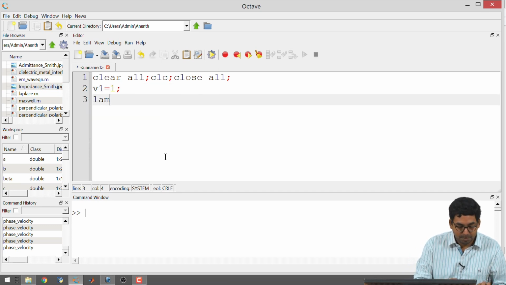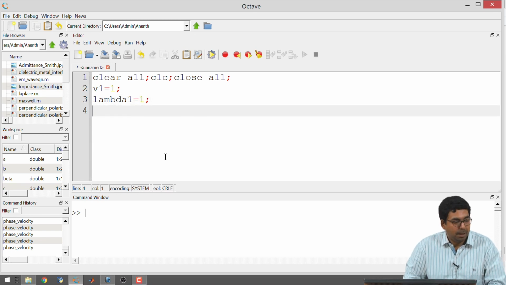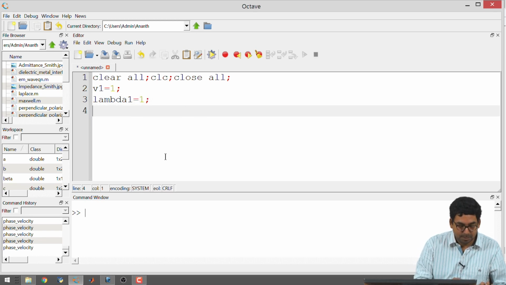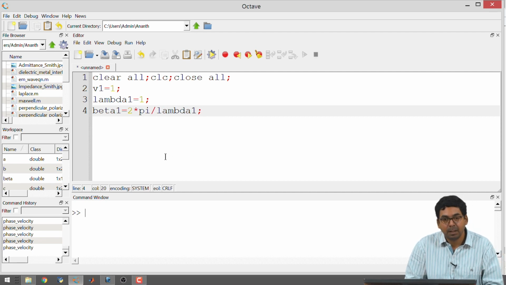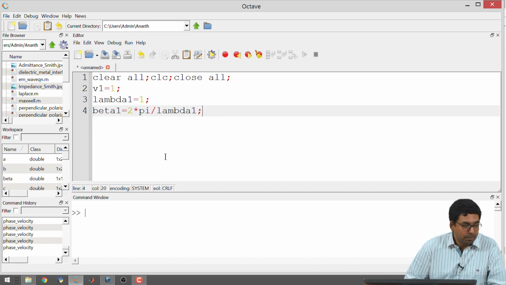I also would like to give more information, right. Lambda 1 equal to 1, I can also calculate beta 1 in that medium to be 2 pi divided by lambda 1, right. Okay.